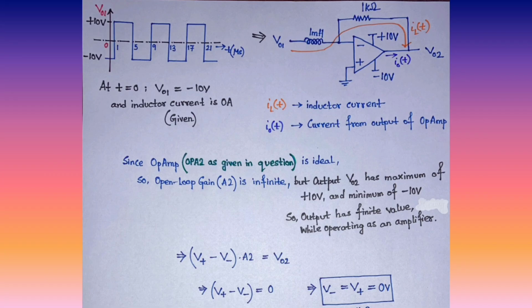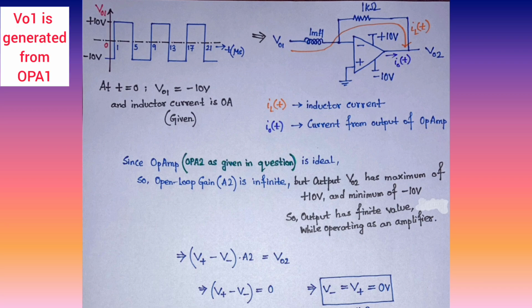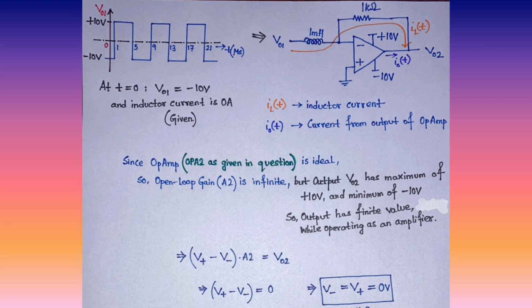See the second op amp circuit. VO1 is a square wave which you are applying, and it has an inductor, and then there is a resistor. But one thing I want to say: since the op amp is ideal, the open loop gain of this op amp is infinite, but your output can be in the range of plus 10 volt and minus 10 volt. So your output is finite, but your open loop gain is infinite, because in the question it is given that it is ideal.